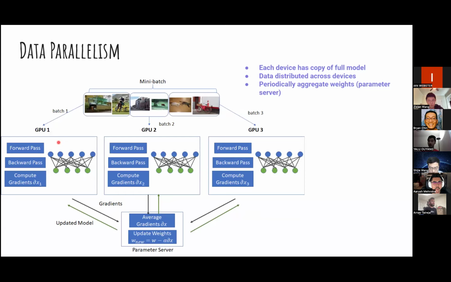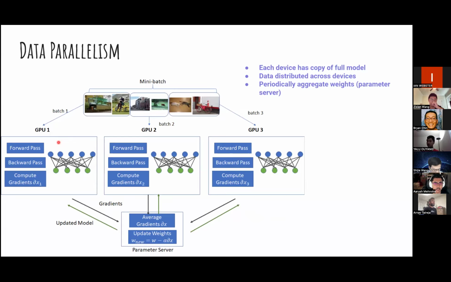Data parallelism basically boils down to having the exact same model on different devices. Let's say you have 4 GPUs available. Then you duplicate your entire model on each of the 4 GPUs.